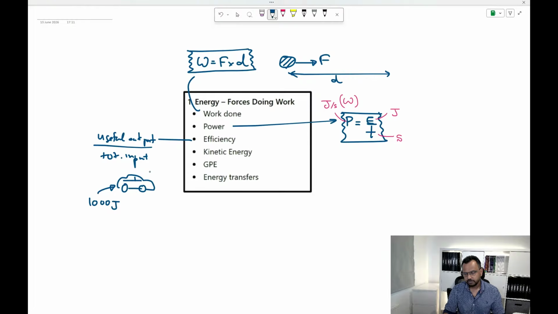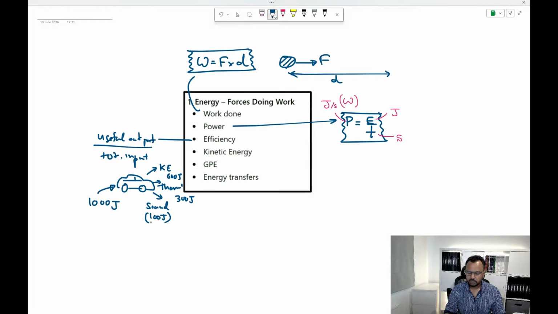Now, it gives out different forms of energy. Let's say it gives out kinetic energy, 600 joules, thermal energy, because it heats up, say 300 joules, that's 900, and let's say sound energy, the remaining 100 joules.